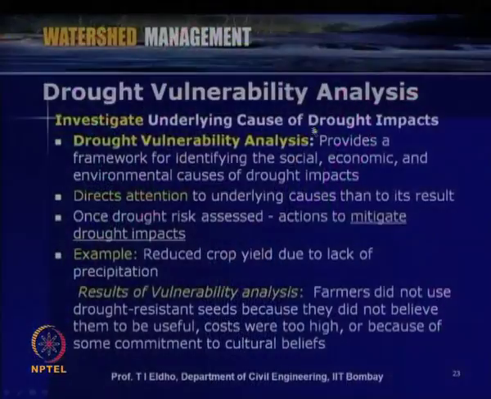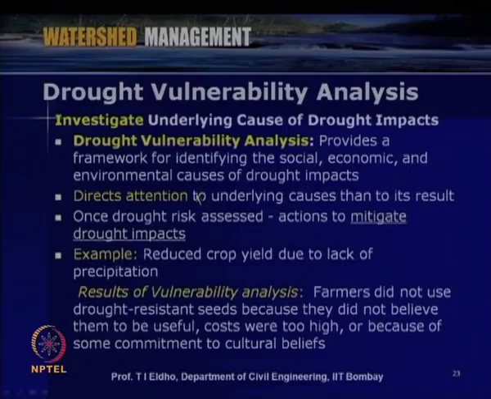So, when we discuss drought vulnerability analysis, we have to investigate the underlying causes of drought impacts, as we already discussed. Drought vulnerability analysis provides a framework for identifying the social, economic and environmental causes of drought impacts. All these issues we have already discussed earlier. Then we may have to give direct attention to underlying causes rather than to its results.